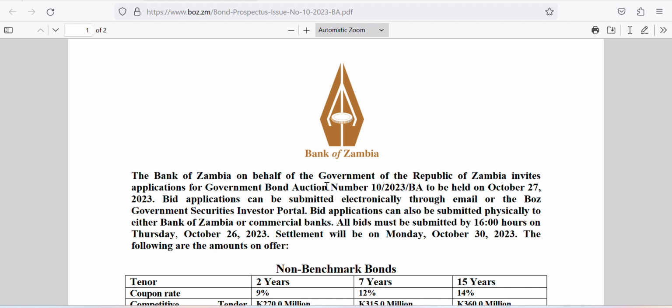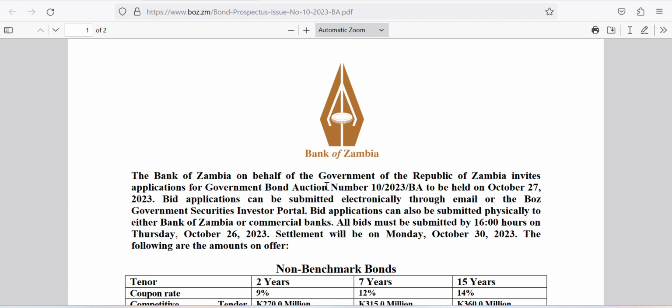So the prospectus is designed to help investors make informed decisions by providing them with the relevant information about the bond.